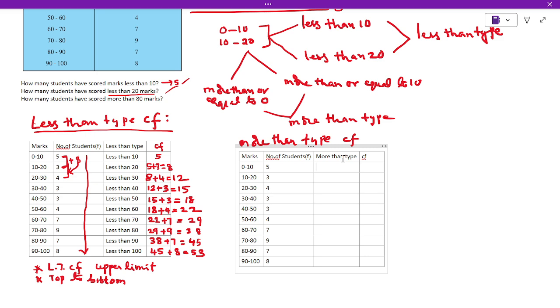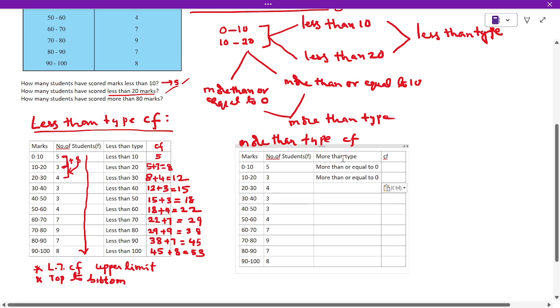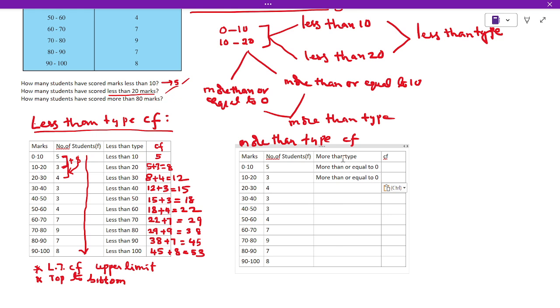As I said, it is only the way we speak, the way we want to see the class intervals. So the definition here is more than or equal to 0; that is my way of visualization. I am representing the same class intervals and same frequencies, but in two ways.